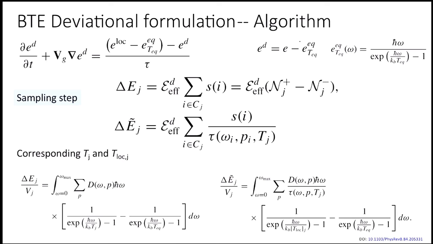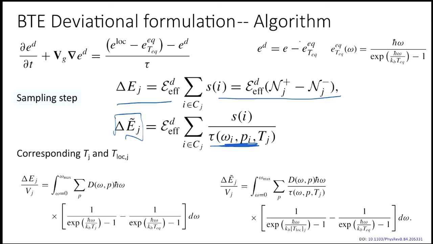Okay, so this part is okay. If you remember, in the sampling step we did this pseudo energy also, where we have to find out the pseudo temperature or the local temperature. Since the scattering time was dependent on frequencies also, we had to take the pseudo energy and divide it by this tau.